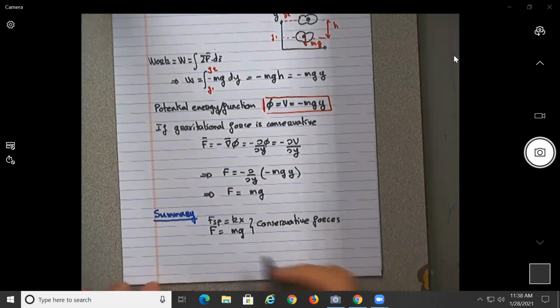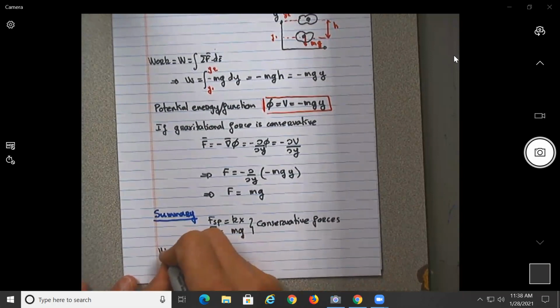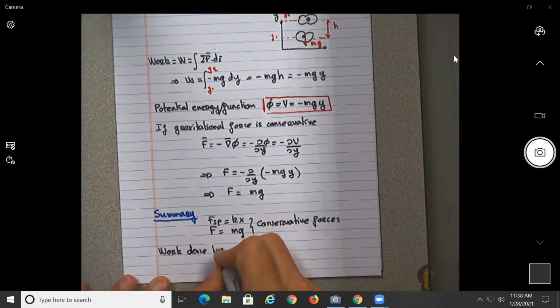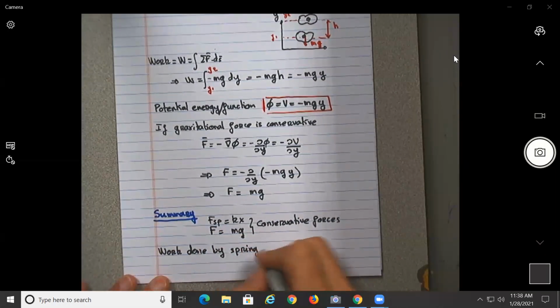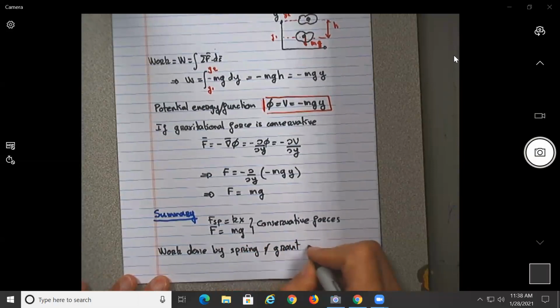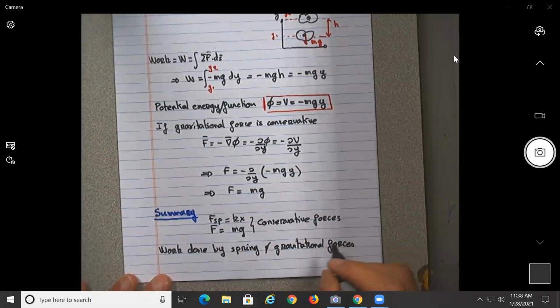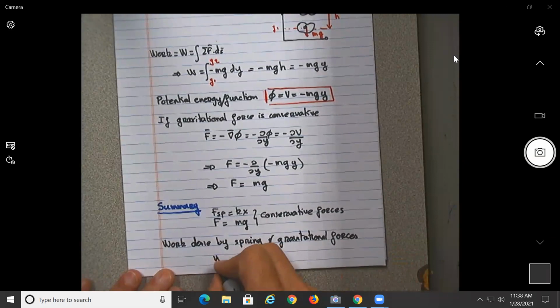Okay? And it happens that the work done by spring and gravitational forces is what we call work one, no? On the three different ones.